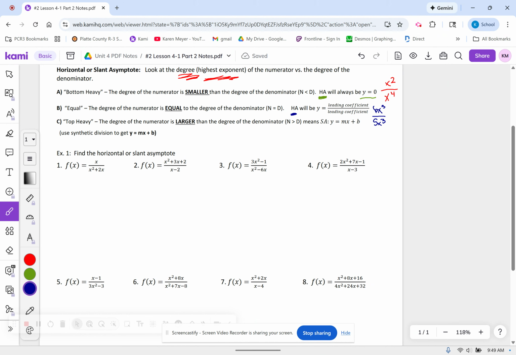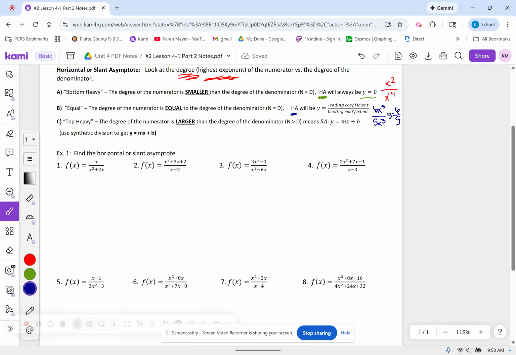What is the number in front of x to the third on top? 6. On the bottom? 5. So your answer would be y equals 6 over 5, because it's the coefficient of the x on top over the coefficient of the x on the bottom. Boom.